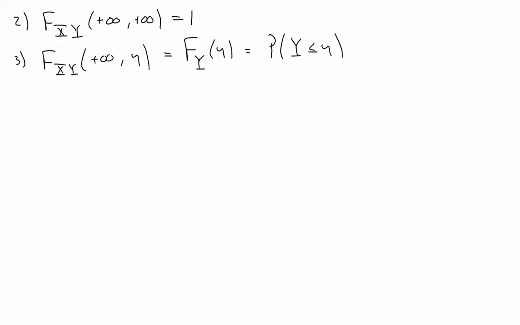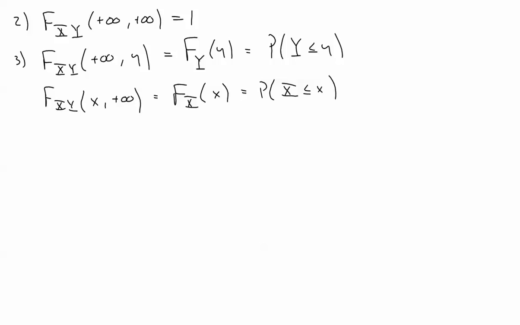And likewise, so what I can do is I can turn a joint cumulative distribution function into a marginal cumulative distribution function by letting one of the variables equal plus infinity.